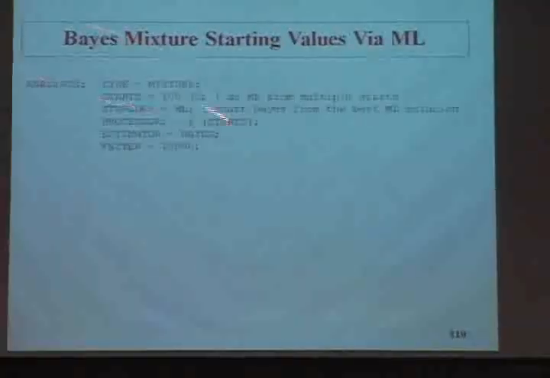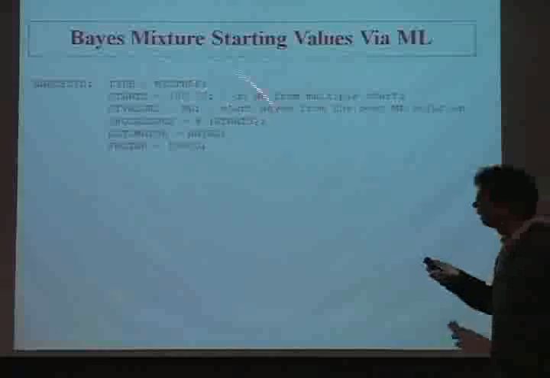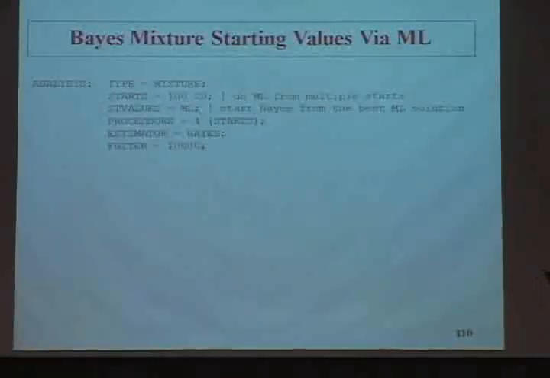And you can modify the code so that this same procedure that searches for local solutions is also used in Bayes. So with this command, starts 120, what's going to happen is that 100 randomly perturbed starting values are going to be attempted using maximum likelihood.